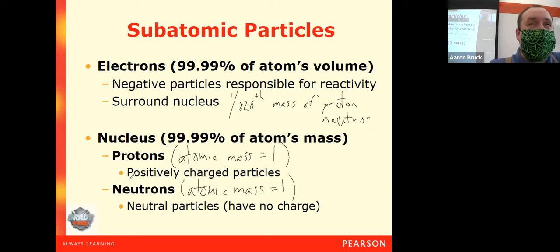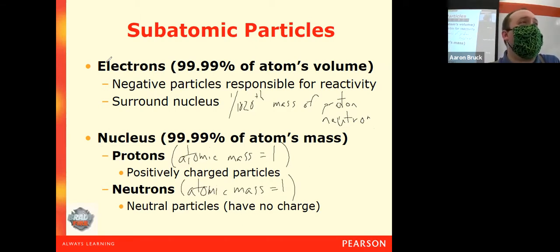They have effectively the same atomic mass, and that atomic mass, again, is almost 2,000 times greater than that of an electron. Neutrons, however, have no charge. They are neutral in their charge. So those are the 3 primary subatomic particles.